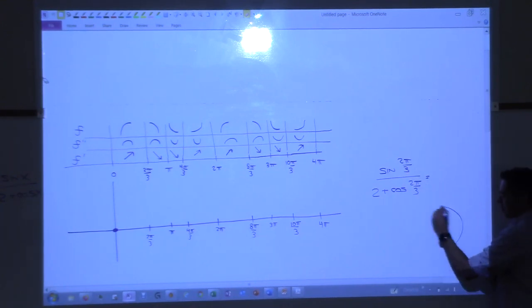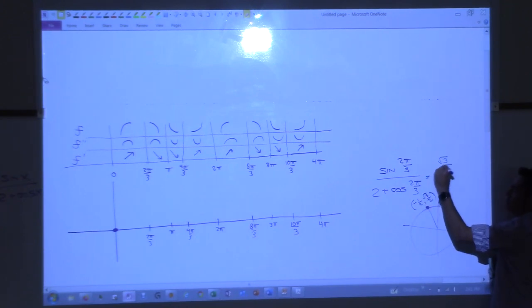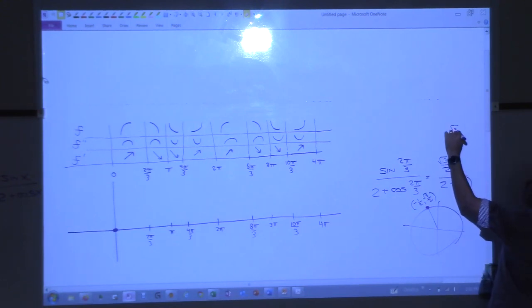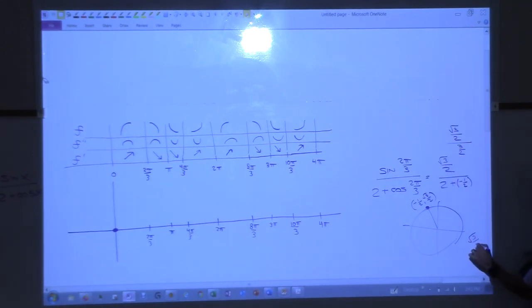On the unit circle, 2 pi over 3 has the ordered pair -1/2, root 3 over 2. So sine of that is root 3 over 2, over 2 plus cosine, which is -1/2. So we get root 3 over 2 over 3/2, and that becomes root 3 over 3.